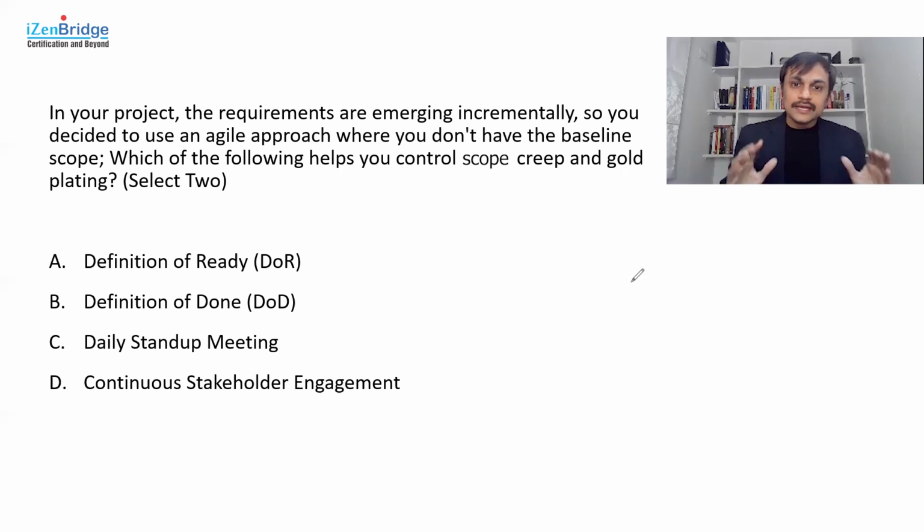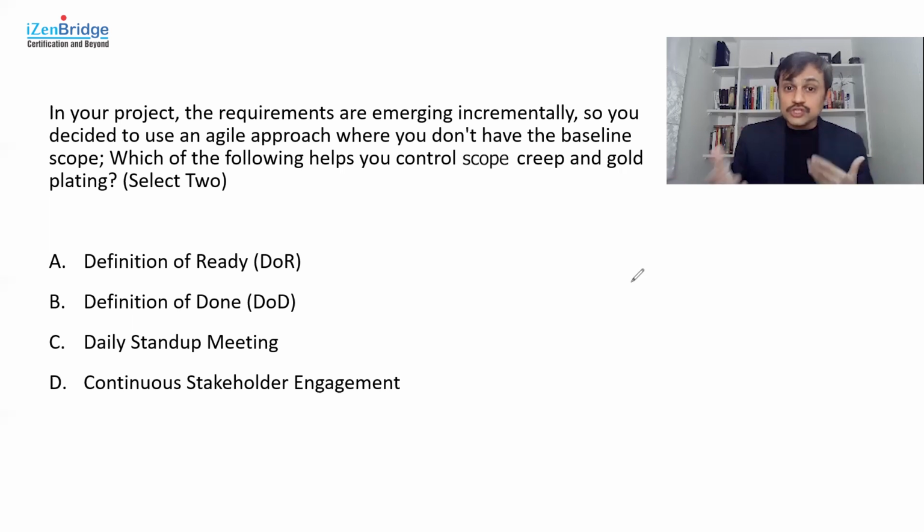The question is saying that your requirements are incrementally coming, and you are working in the agile way. So how do you ensure that there is no scope creep or gold plating happening in the agile way of incremental requirement working? Since you don't have an agreed upon, signed off requirement and scope, there is a risk of things going here and there. So how in the agile way do we control scope?